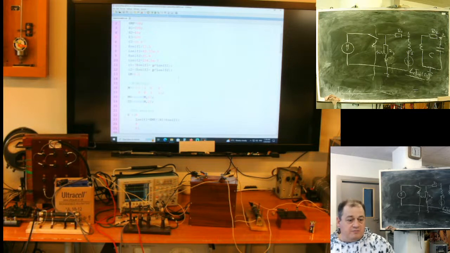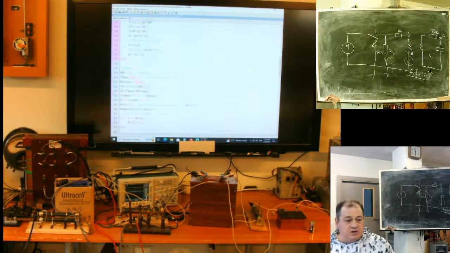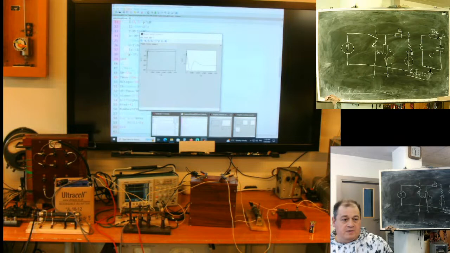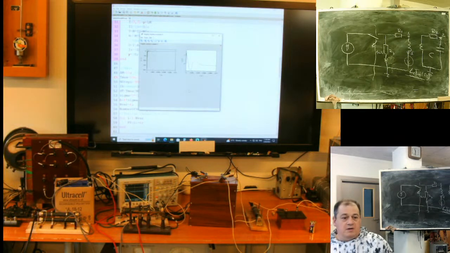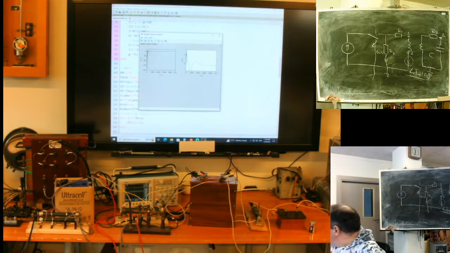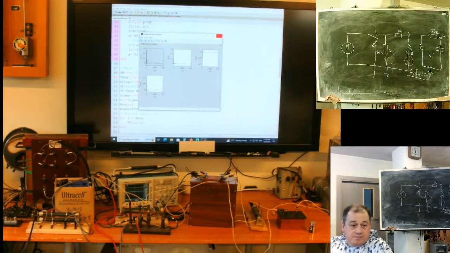Where am I? What simulation time have I set? 20. Okay, let's switch to 10 and go. Here are voltages in shorter simulation. Close, close. I do not control currents.